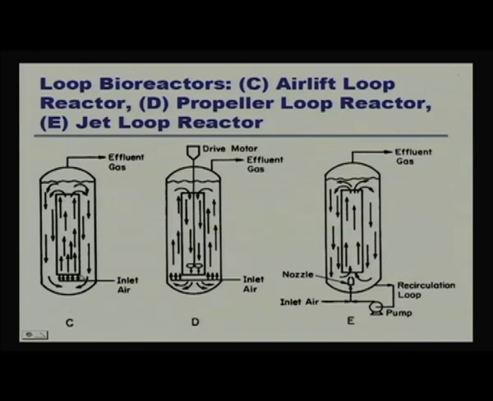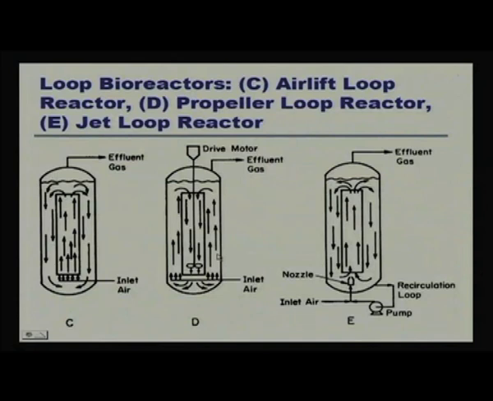Obviously this type of design has a few more advantages than the earlier reactor type. Here we can get a little better mixing efficiency, and the KLa value is a little improved over the earlier one.